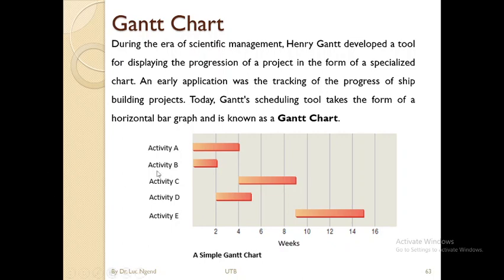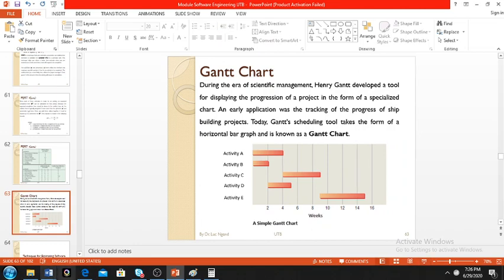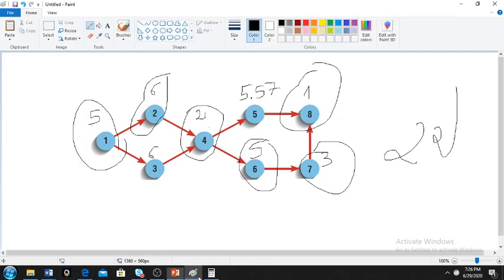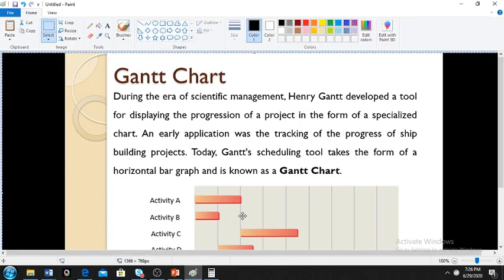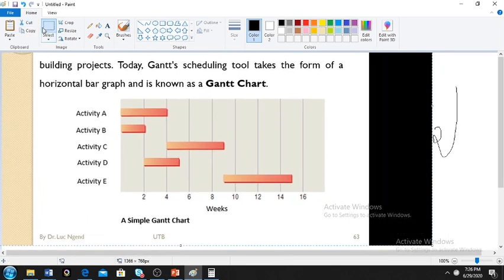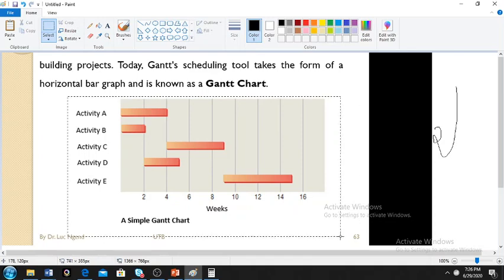For example, here we are going to see that activity A takes some time. So let me print screen, and then we go to pen so that I can write, or I can even write on here.